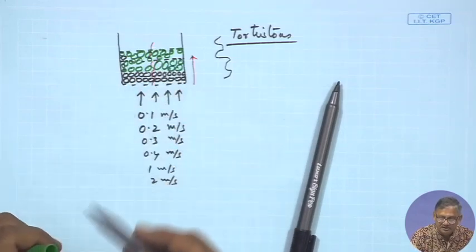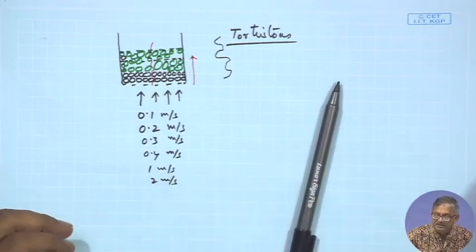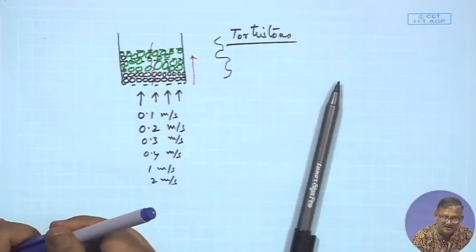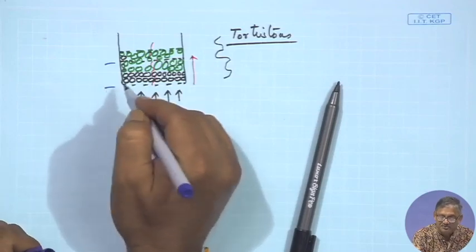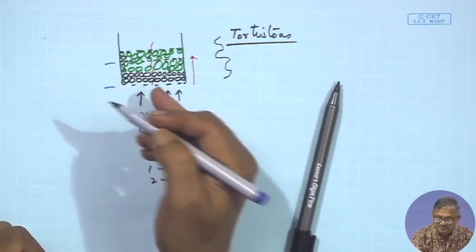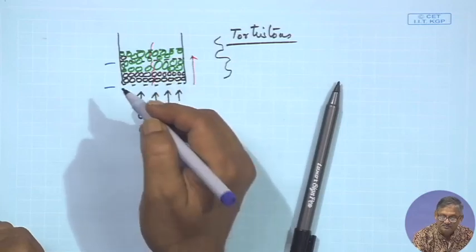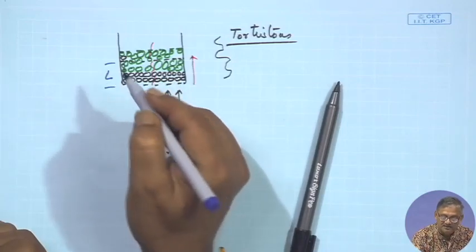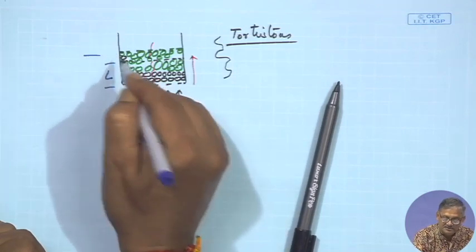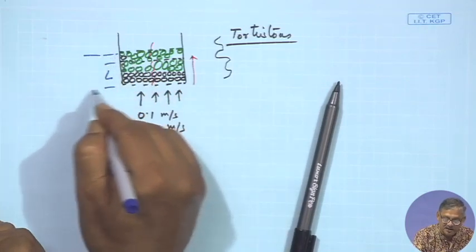Originally, we had the packed bed length, say this one, before the movement of the particle, it was say L. Now, when this has started, we call it the onset of fluidization.